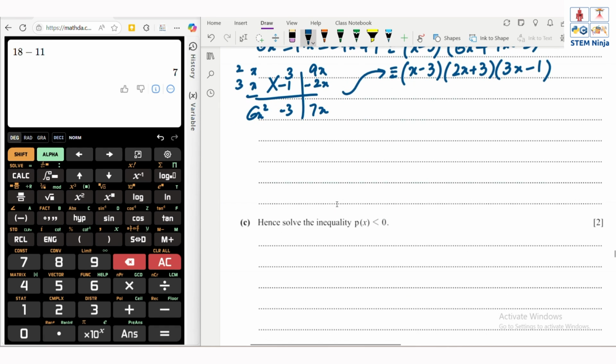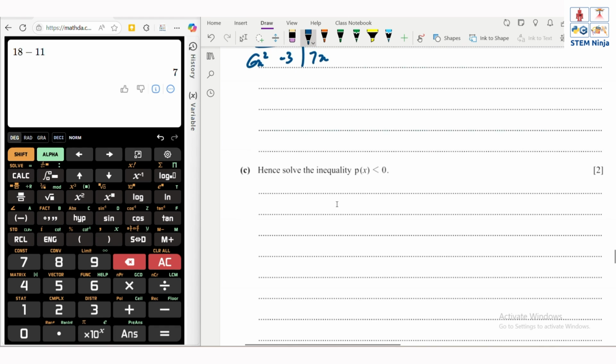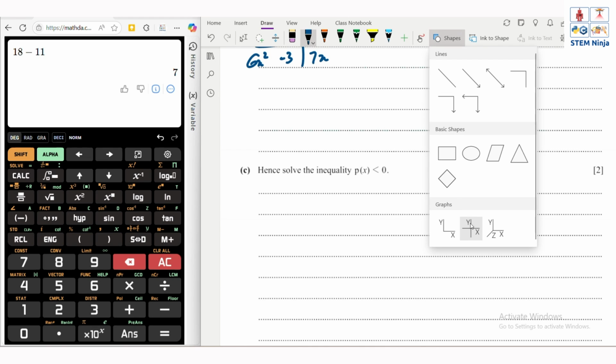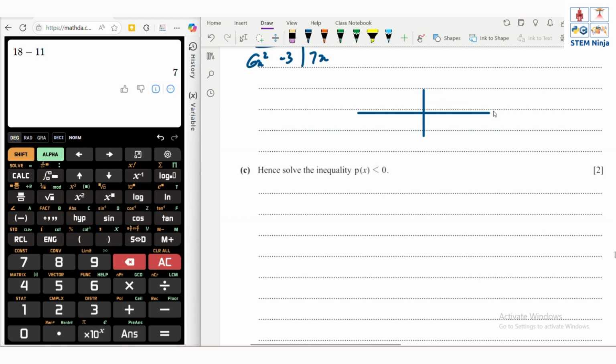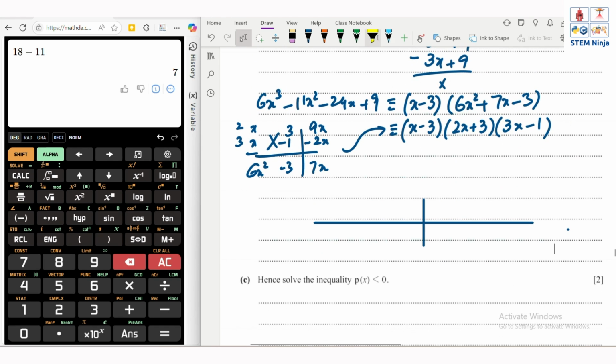Right. Hence, solve the inequality p of x less than 0. All right. So remember the cubic equations we made, and we learned how to sketch them. So these represent our roots basically.